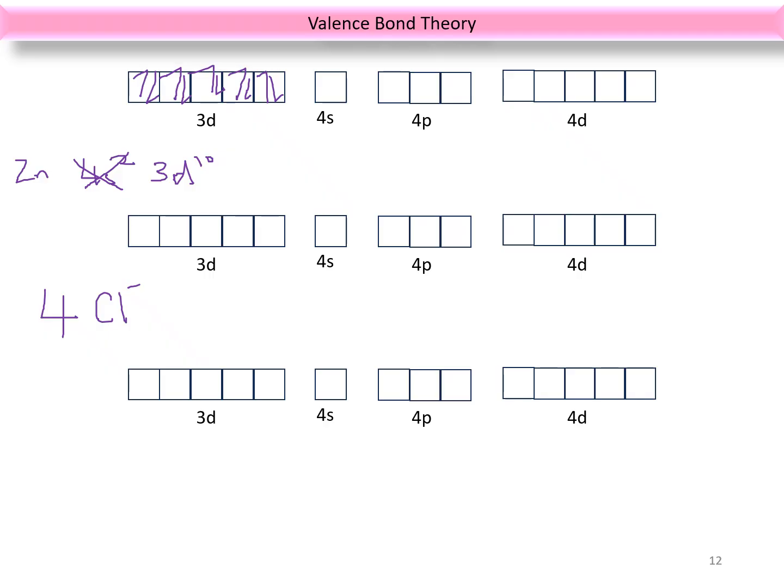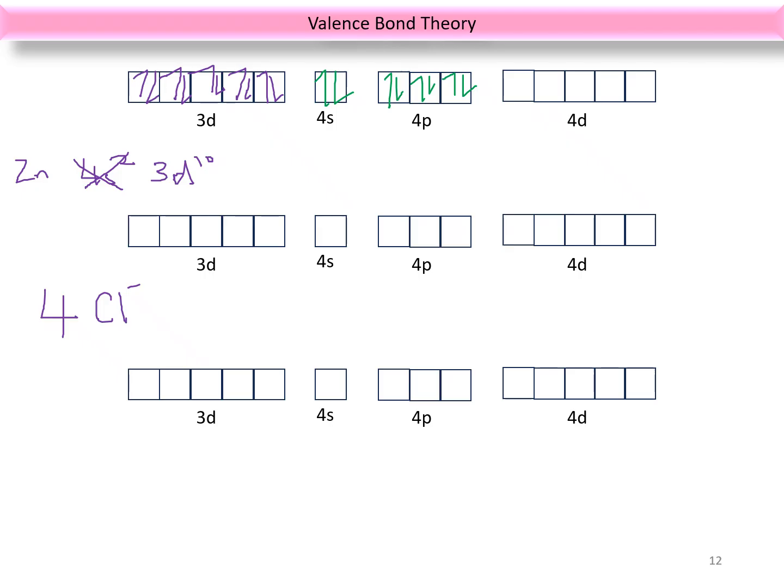So this chloride, every halide contributes 2 electrons. Since there are 4 chloride, there will be 8 electrons contributed. So it starts with 4s. 1 chloride, 2 chloride, 3 chloride, 4 chloride.